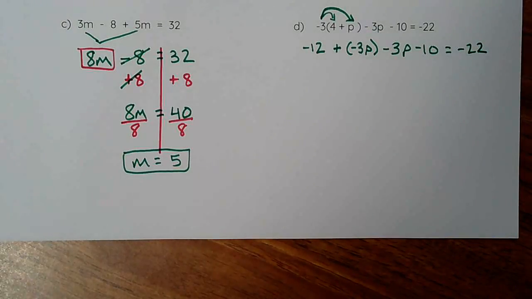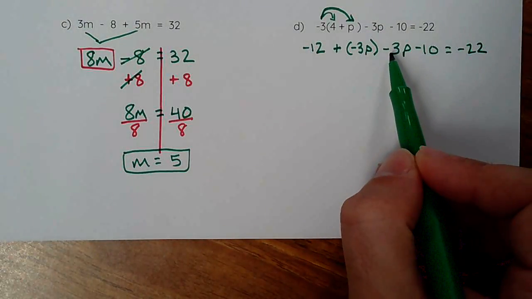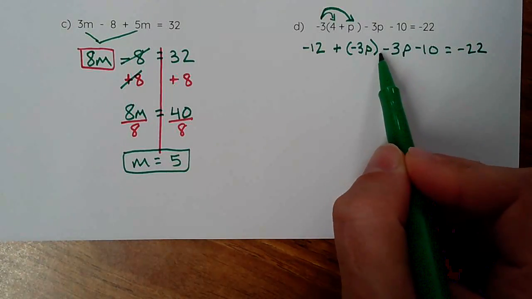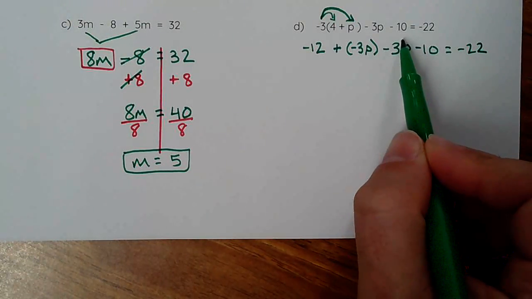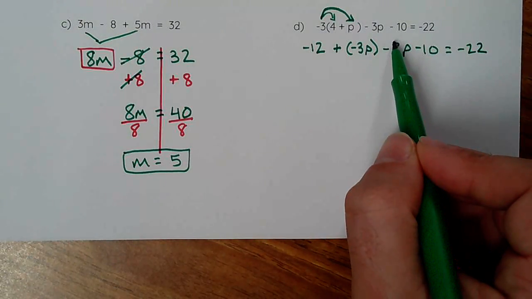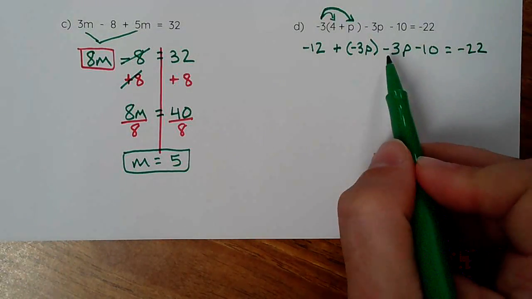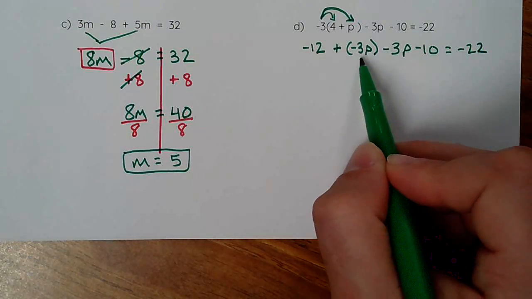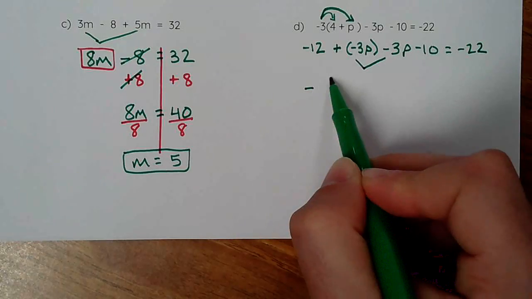Negative 3p, and remember, this is minus 3p, which is a negative 3p. We're not going to lose that negative. Before we changed it to plus negative 3p, which you could do, we're just going to think of it and keep track of it. So negative 3p and negative 3p combine to make negative 6p.